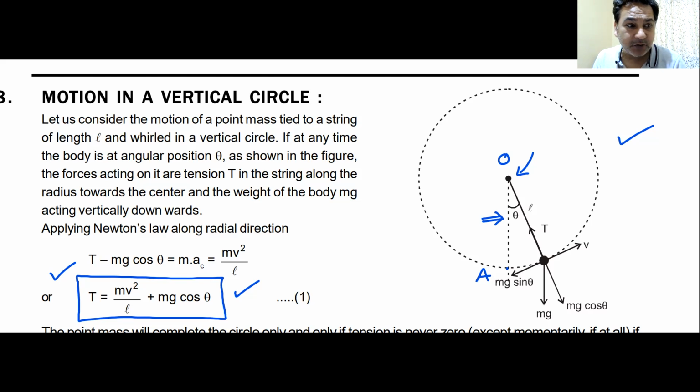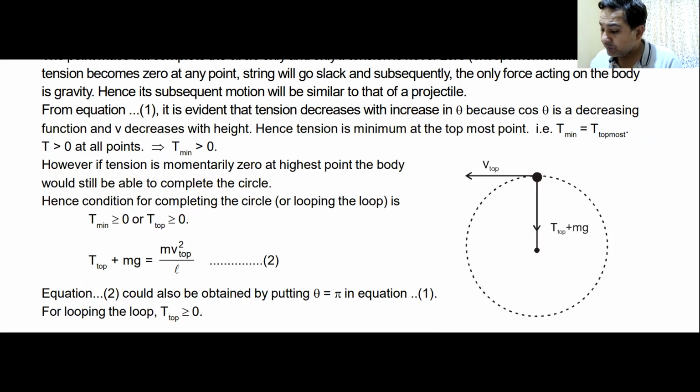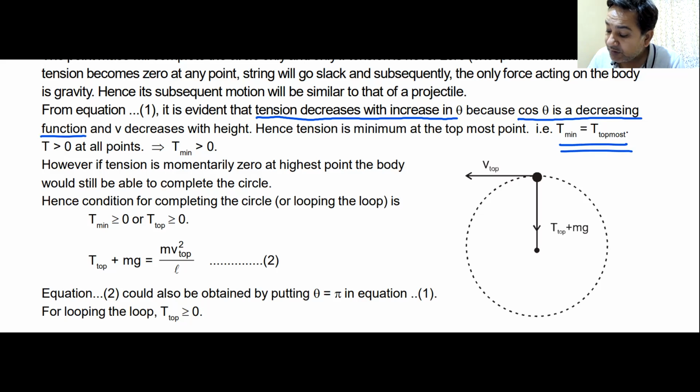The next point that I want to remind you is that as soon as you go up, tension will keep on decreasing. Tension will keep on decreasing with increase in cos theta, because cos theta is a decreasing function. Minimum tension will be at the topmost point.